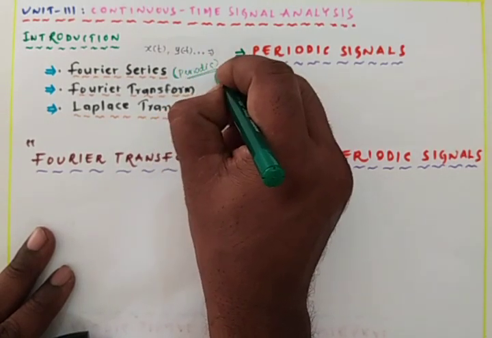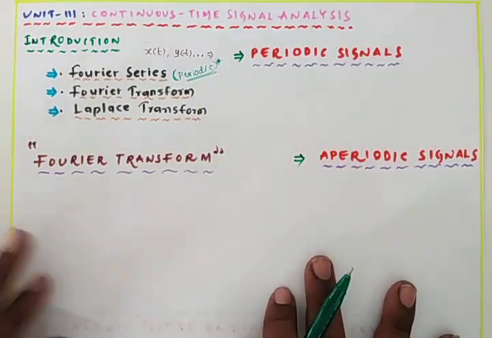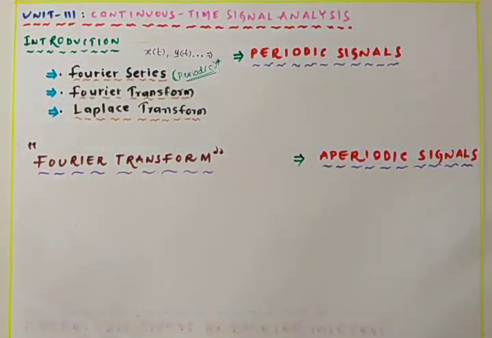Periodic signals are signals in which, after a particular specific time duration, the same signal repeats itself. The best examples of periodic signals are the cosine and sine waves. So the Fourier series is applicable for periodic signals only.